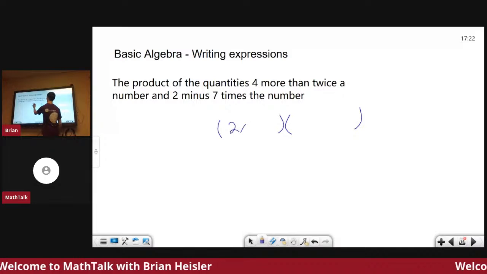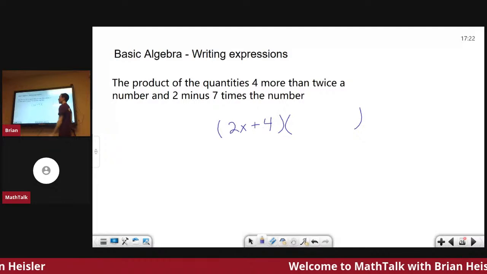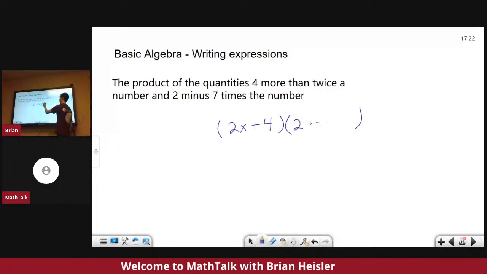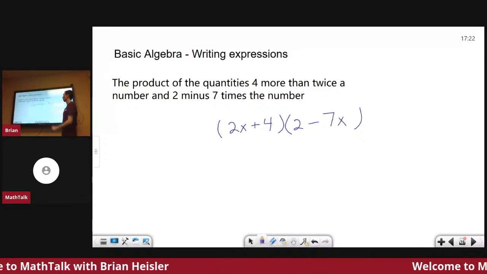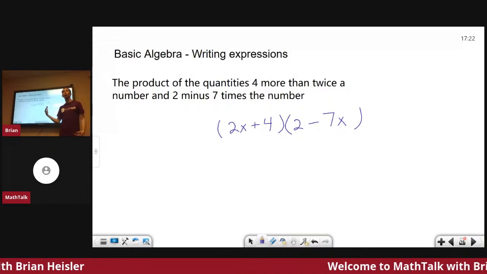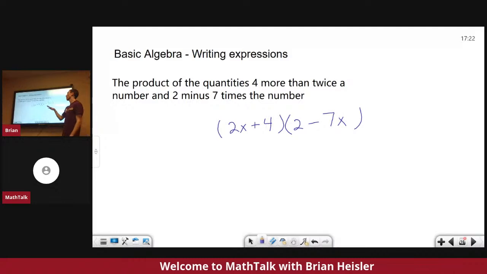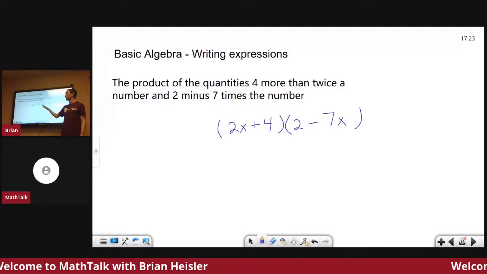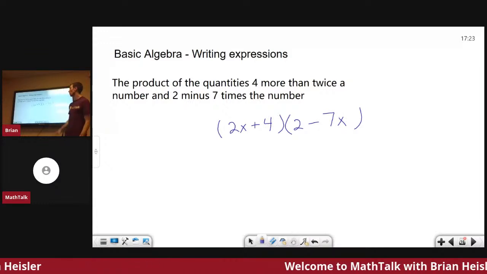I have twice a number, which is 2 times a number. 4 more is plus 4. And then 2 minus 7 times a number. So the difference between 2 and 7 times a number: the minus means you're subtracting the 7 times the number from the number 2. So this is the product. I put it together in letters and numbers. This is what they're looking for in their answer.